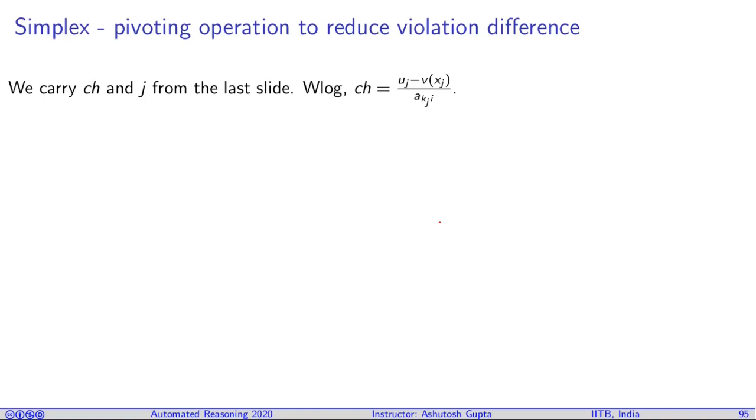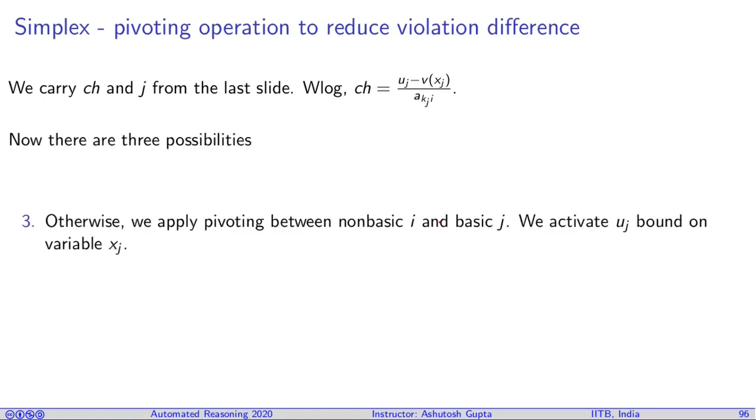Let's suppose j is the basic variable, for example in this case s2, which is part of the basic variables. Now it can be changed to hit its upper bound. So what you can do is change the basic and non-basic roles, swap them, and once you swap the variables, the overall constraints don't change.